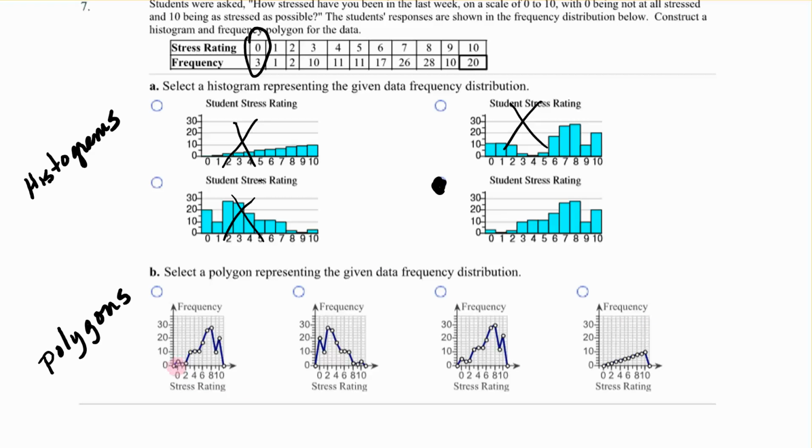All right. Once again, 0 is 3. It's very hard to see. This one starts before 0. Those all start before 0. That kind of bothers me. So let's see. Oh, okay.